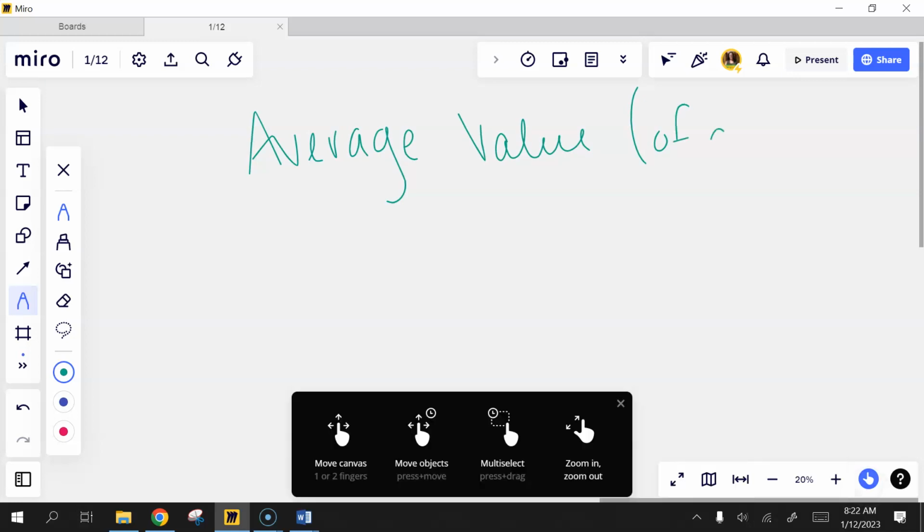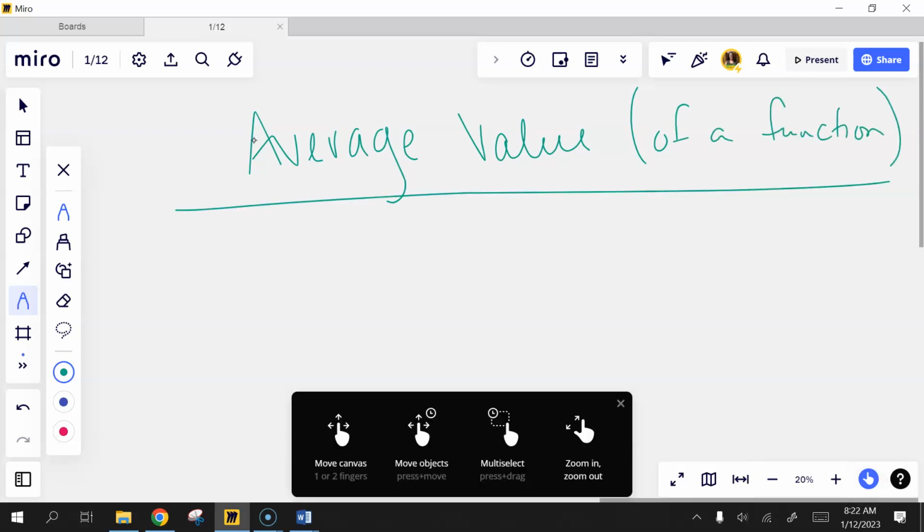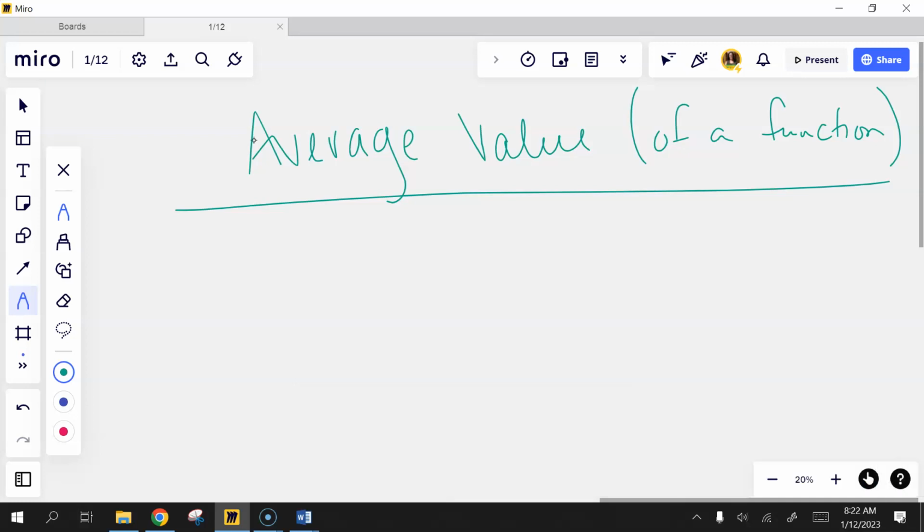Average value of a function. It's a pretty easy concept, but for some reason, when you see average value, your gut says, okay, let's find 2 points and average them together, right? But that's not exactly what it does, and that's where it throws you off.